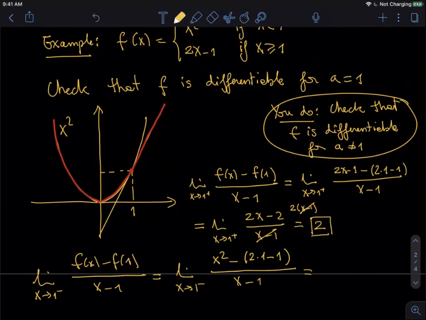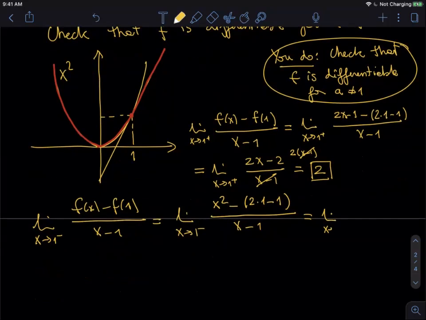So the numerator is x squared minus 1 divided by x minus 1. And here, remember the trick, this is x plus 1 times x minus 1, the product. And we can simplify. And we have the limit as x tends to 1 of x plus 1, and this is equal to 2.